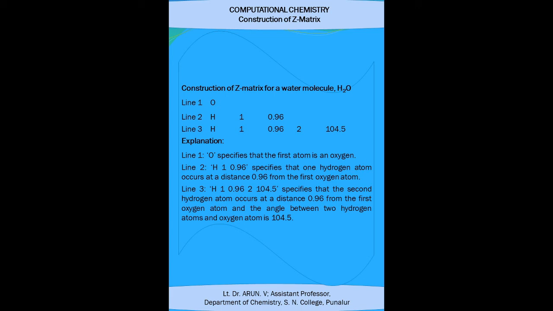Line 2, H 1 0.96, indicates that one hydrogen atom occurs at a distance of 0.96 from the first oxygen atom. Line 3, H 1 0.96 2 104.5, indicates that the second hydrogen atom occurs at a distance of 0.96 from the first oxygen atom, and the angle between the two hydrogen atoms and the oxygen atom is 104.5.